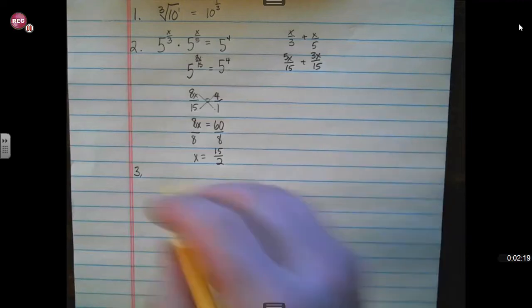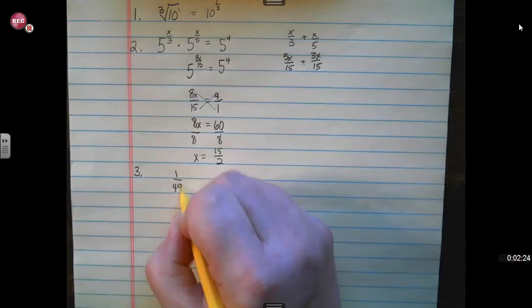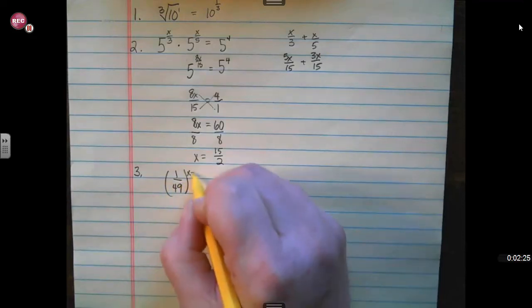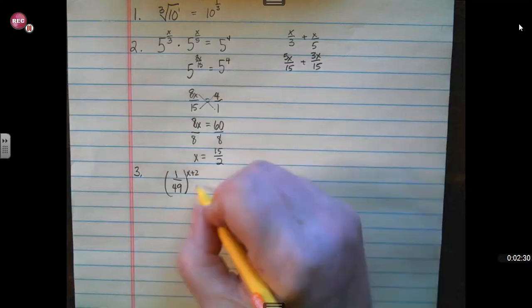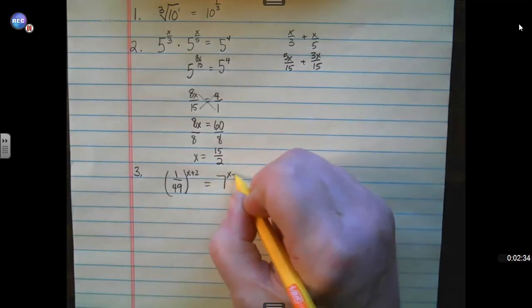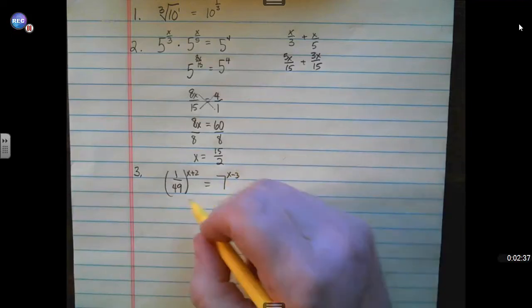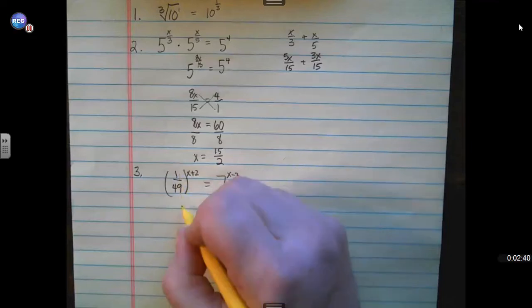Number 3, solve the equation 1 over 49 to the x plus 2 equals 7 to the x minus 3. And so we need to get the bases to match. 1 over 49 is 7 to the negative 2.